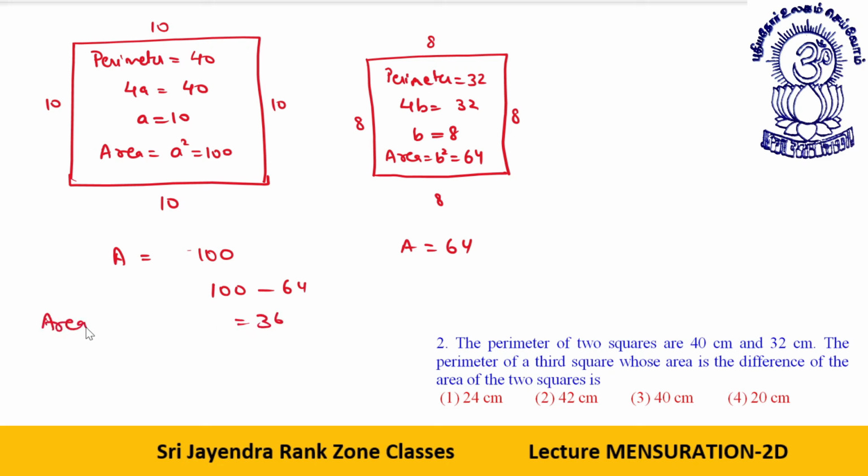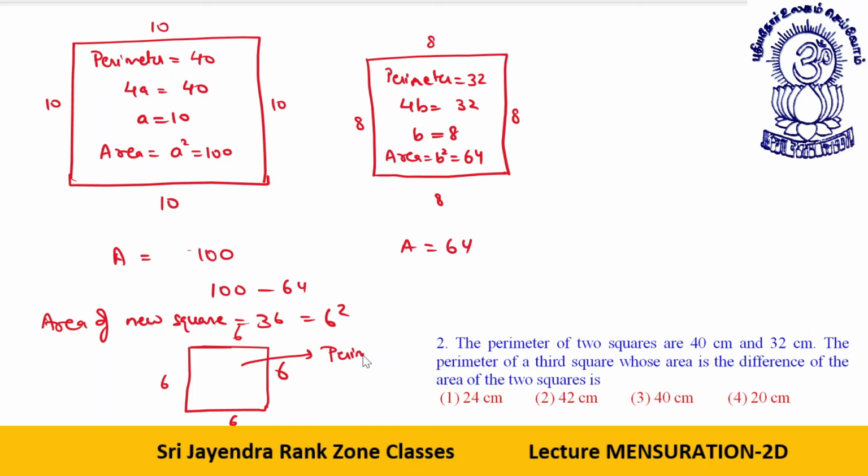This is the area of the new square, 36. So that means this is 6 square. This is 6, this is 6, this is also 6. So perimeter is equal to 4 into 6, or 24. Clear to all?